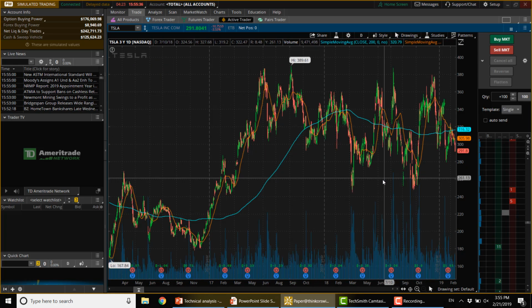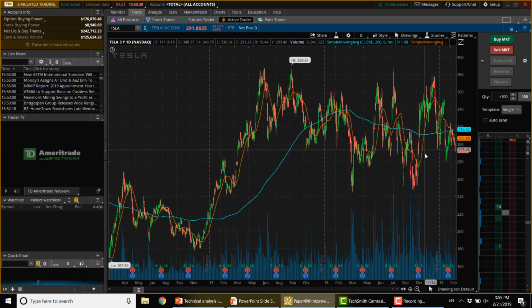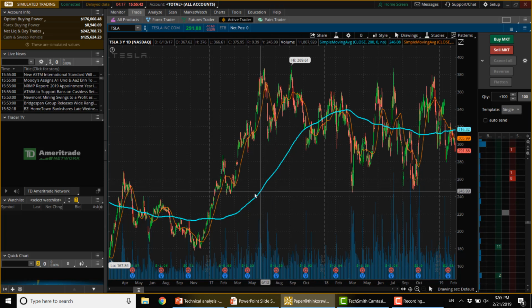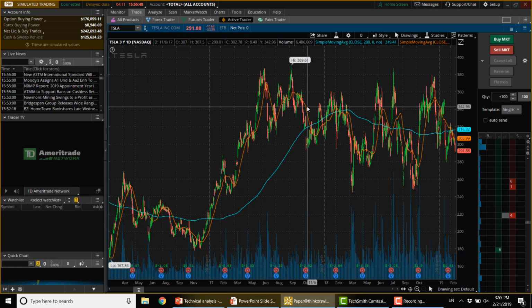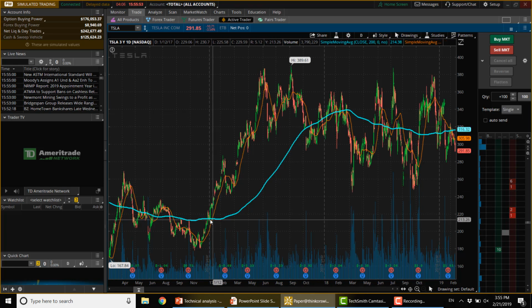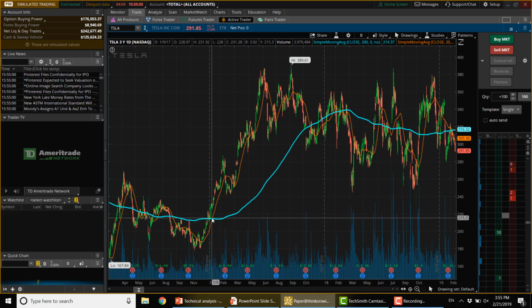Go to auto zoom, and we can see the 200-day moving average is now the teal line, and the simple moving average, that's the 20-day, is the orange line. So you can see the 200-day crosses the 20-day a couple of times.